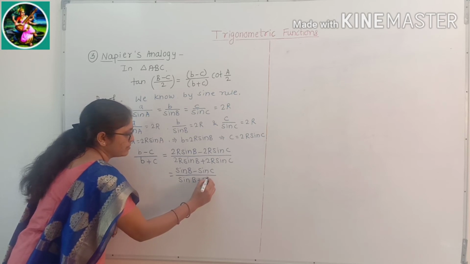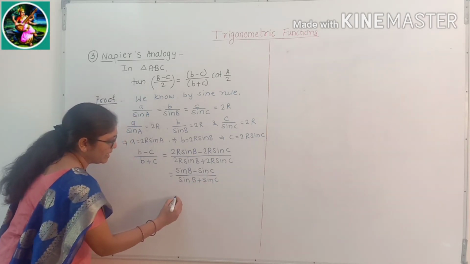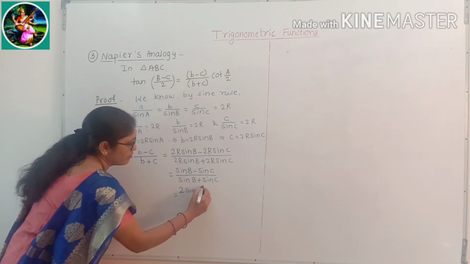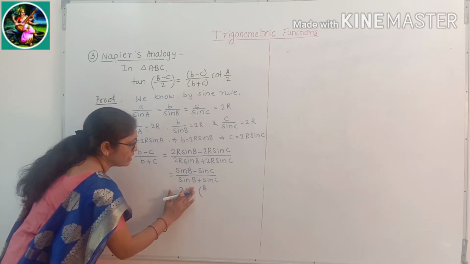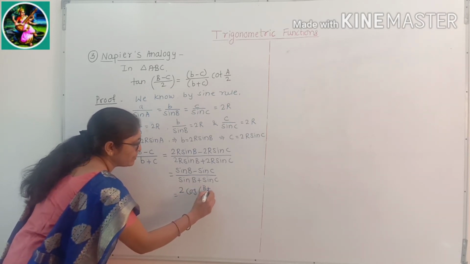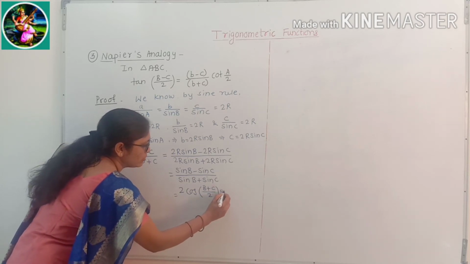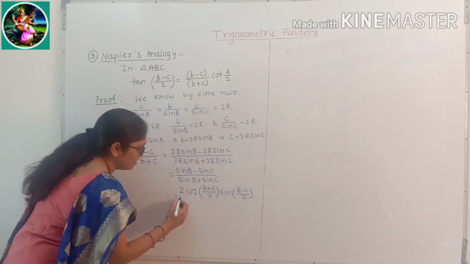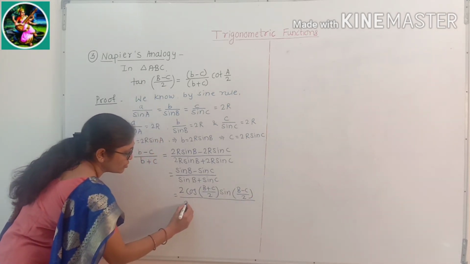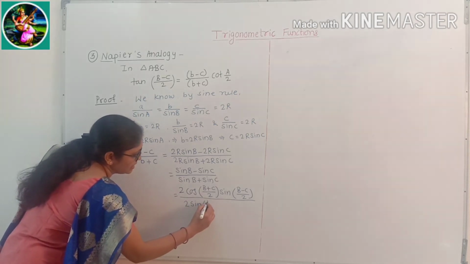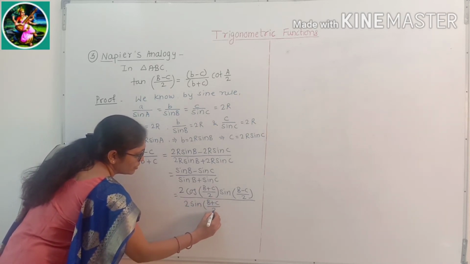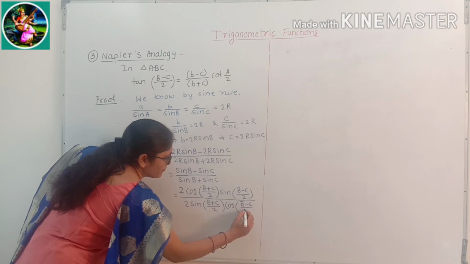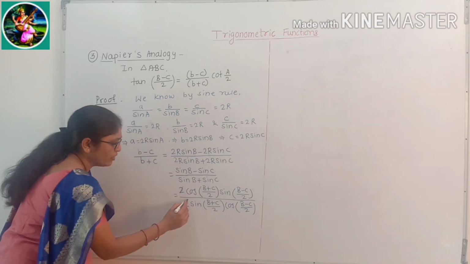Here we use the formula that sin B minus sin C is 2 times cos of (B plus C) divided by 2 into sin of (B minus C) divided by 2, and in the denominator, 2 times sin of (B plus C) divided by 2 into cos of (B minus C) divided by 2. That 2 gets cancelled.